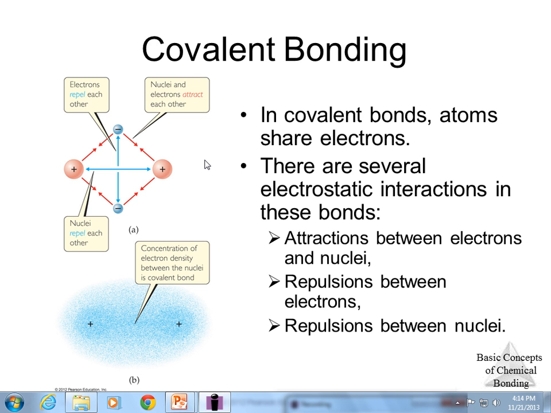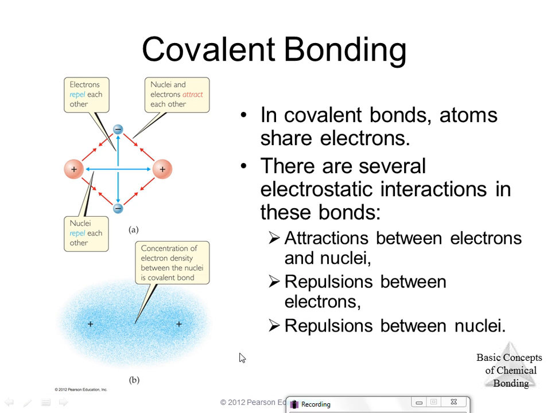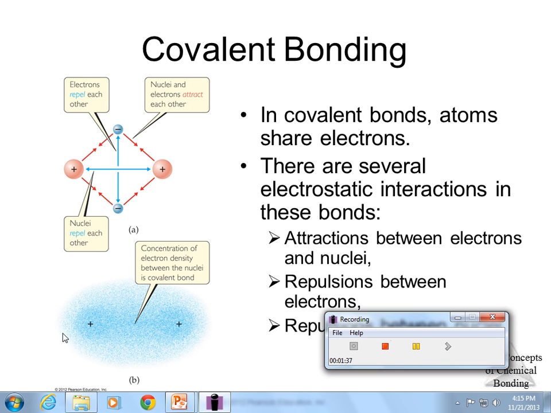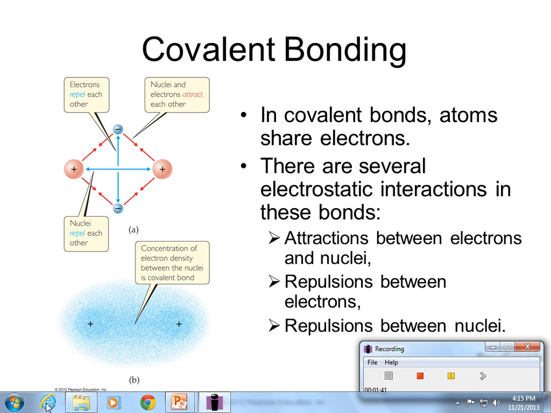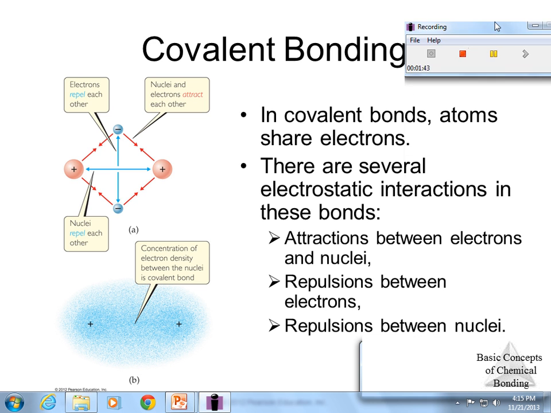So what ends up happening is you also have an attraction between the nuclei of an atom and the electrons that are being shared in the electron cloud. If you look here at the bottom of the PowerPoint, you see this electron overlap that's happening. This electron overlap shows how the bonds are forming.